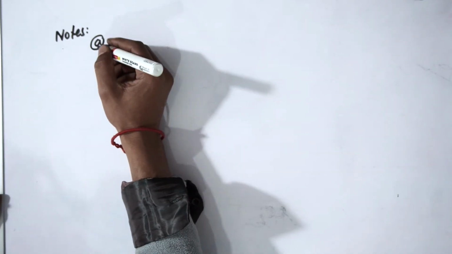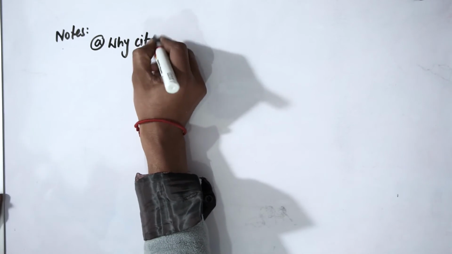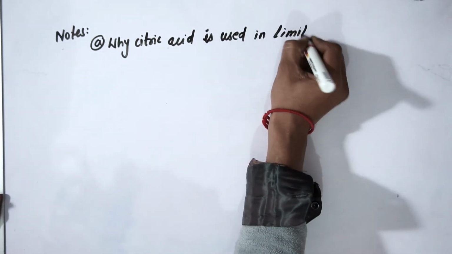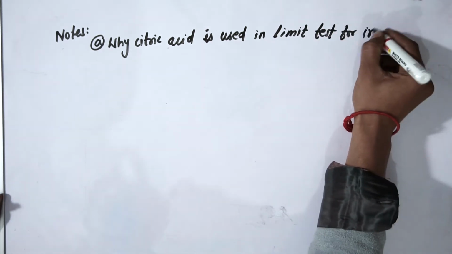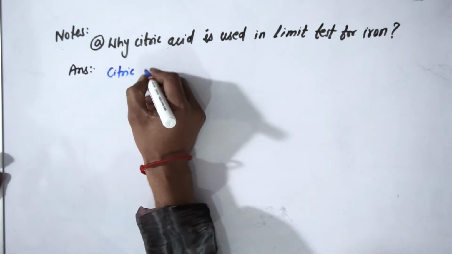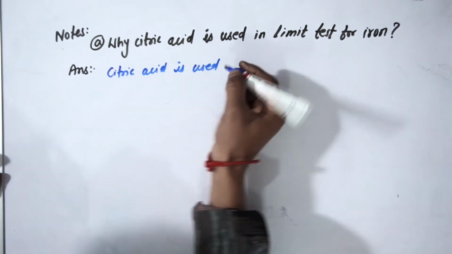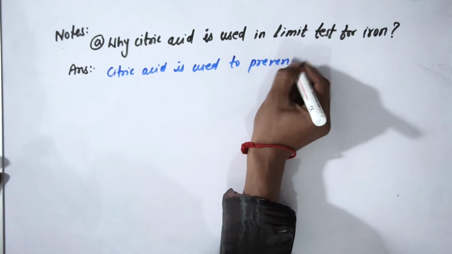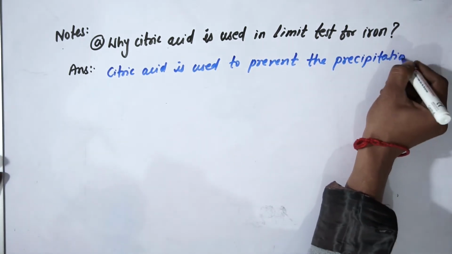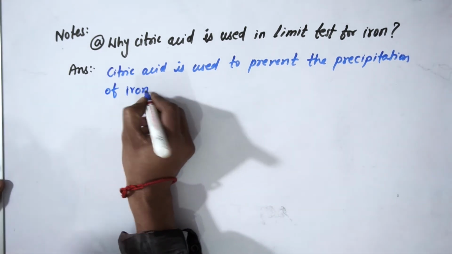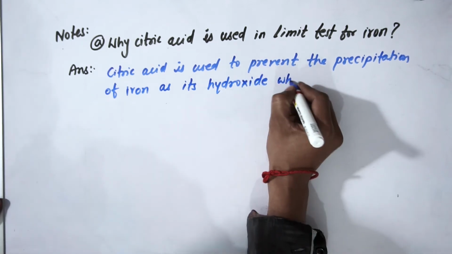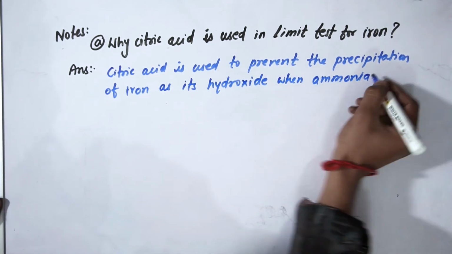Generally a question will come: why citric acid is used in limit test for iron. It is a very important question. So what you have to write is that citric acid is used to prevent the precipitation of iron as its hydroxide when ammonia is added.